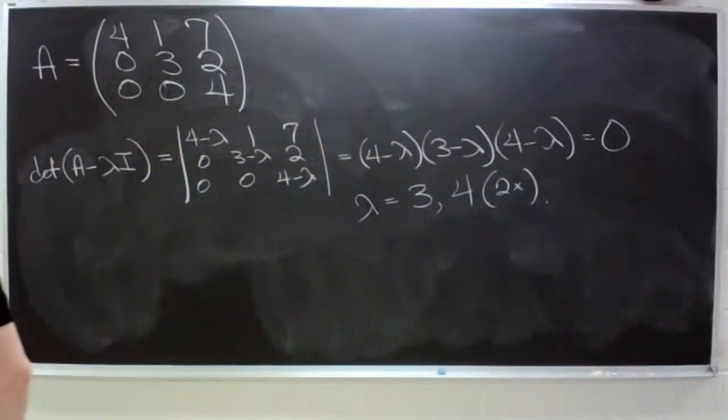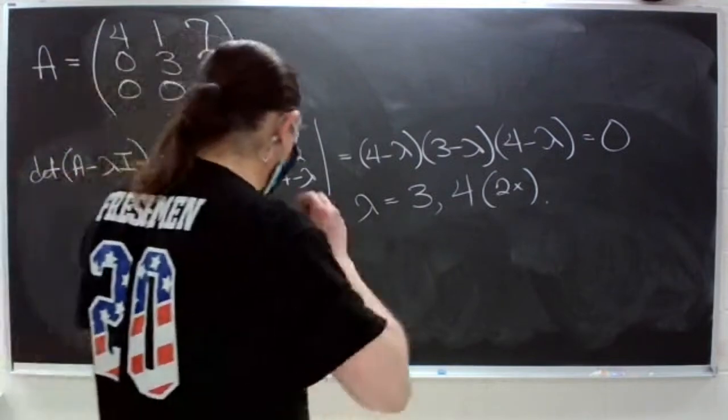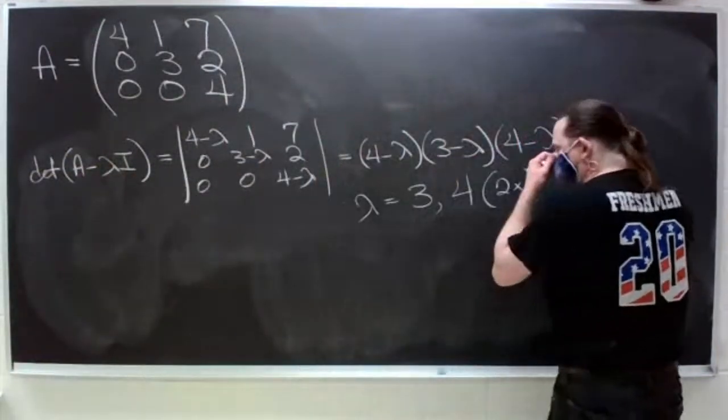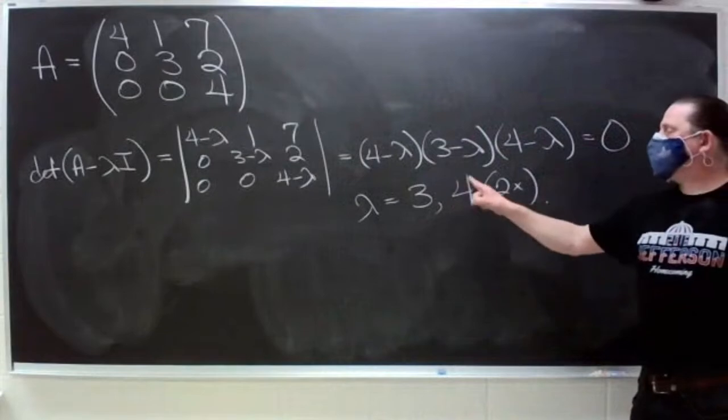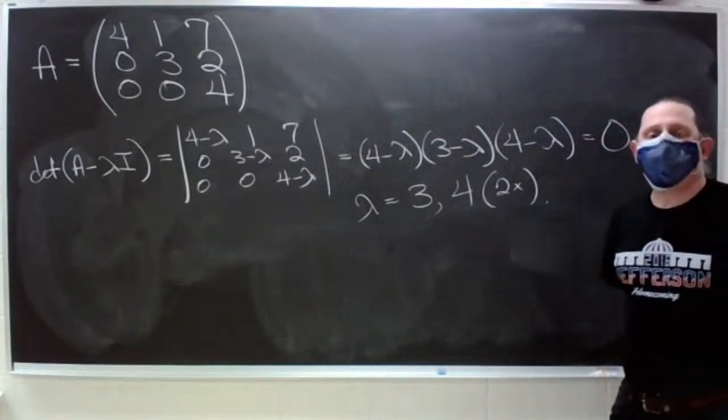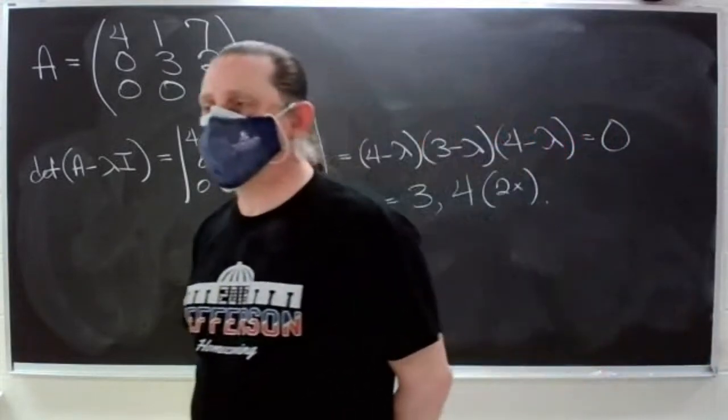All right, here we have an eigenvalue with multiplicity 2. So we only have 2 distinct eigenvalues.